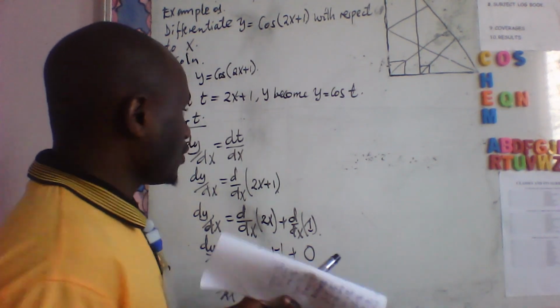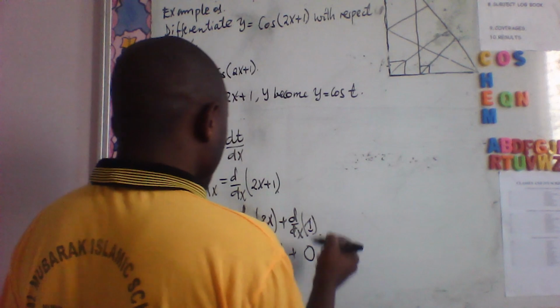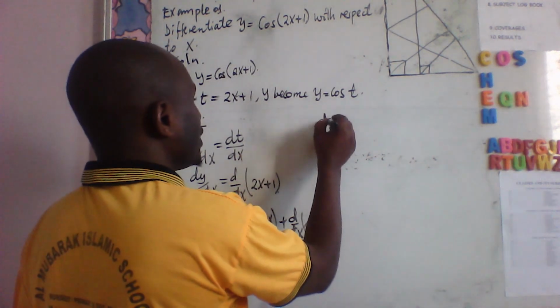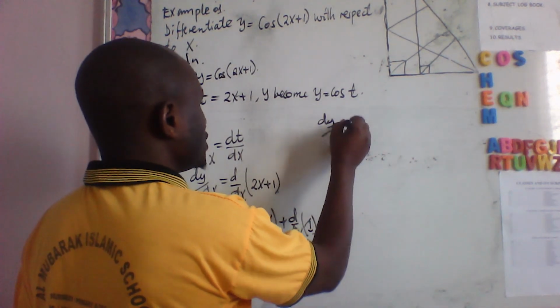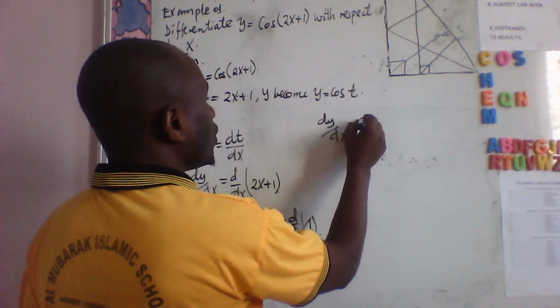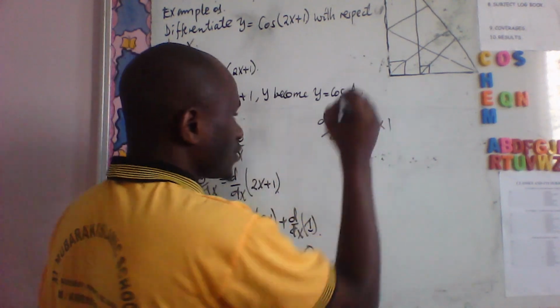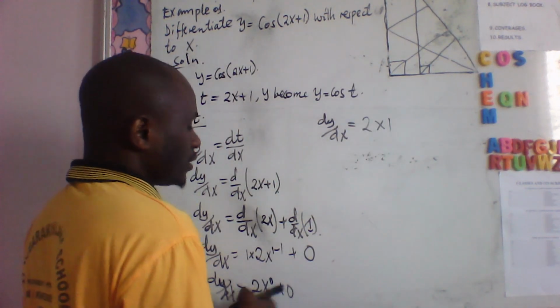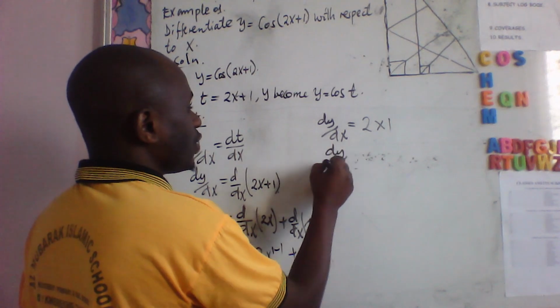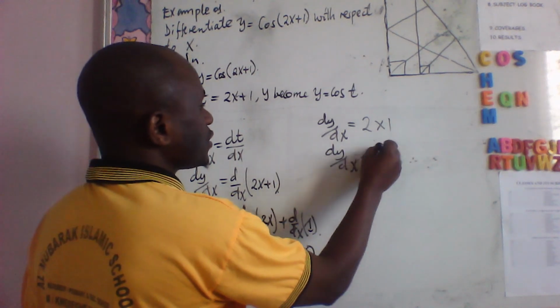Since any number power 0 is equal to 1, you multiply by 1. So dy over dx is equal to 2.